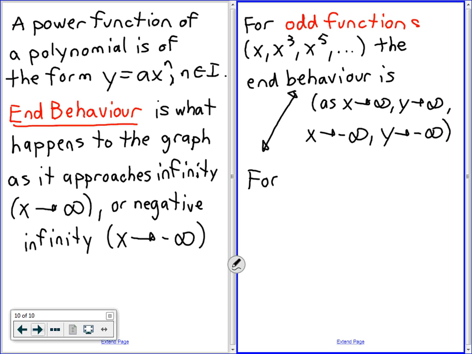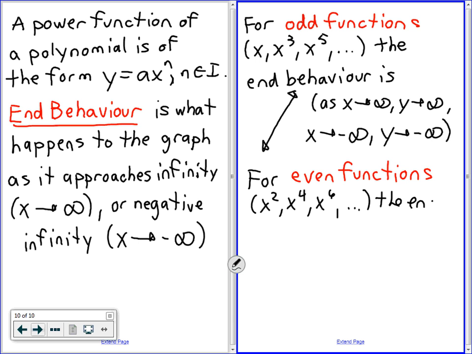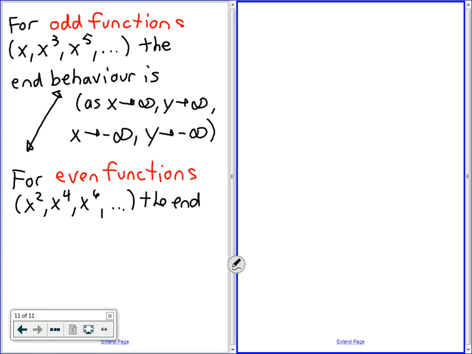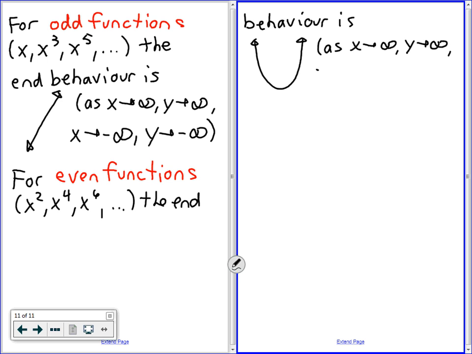But still the same thing is going to happen on the ends. So for every even function, as x goes to infinity, y goes to infinity. And as x goes to negative infinity, y goes to infinity.